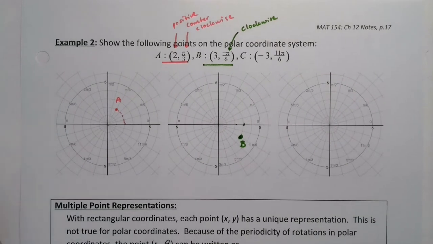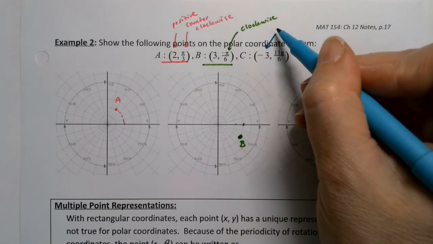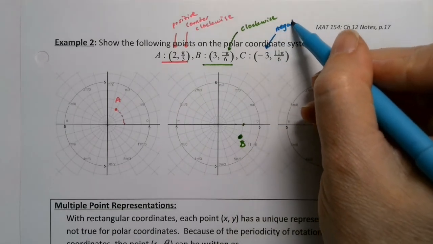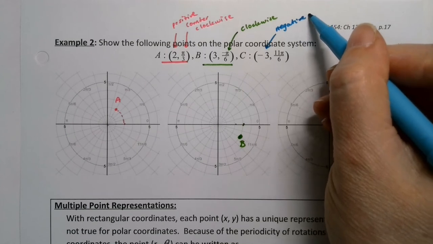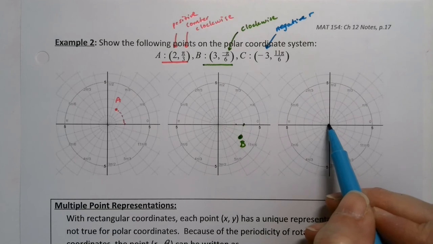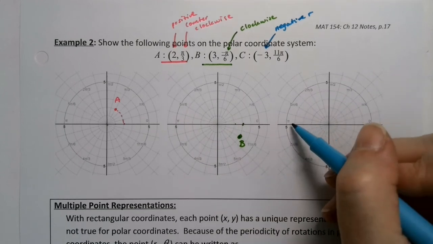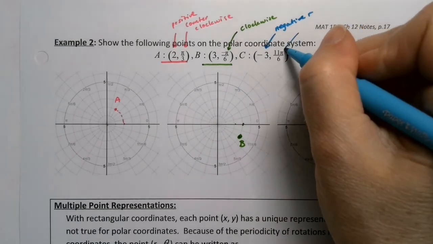Now point C is negative 3, right? So make note, negative r. So instead of starting on the positive polar axis, we're actually going to start on the negative polar axis. So 1, 2, 3. So I'm going to go out here to negative 3, and then I'm going to swing counterclockwise.